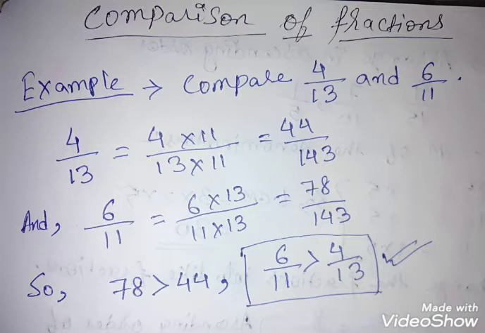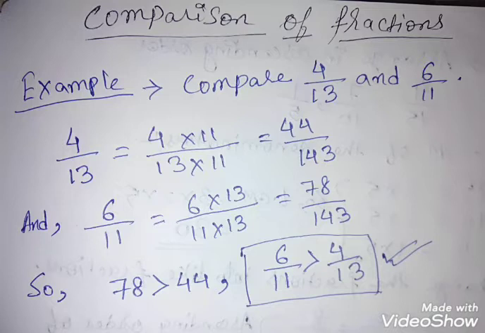So we will get 44 by 143. Now 6 by 11. Here also the numerator and denominator will be multiplied by the denominator of the first fraction, which was 13. So 6 into 13 and 11 into 13, we will get 78 by 143.